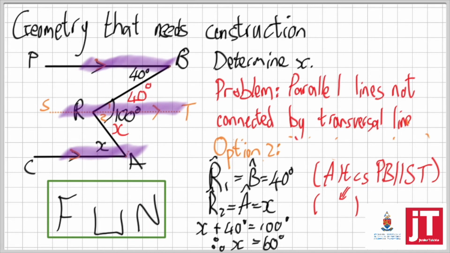Please understand that this is your last option. This is the option you use if you've got nothing else to do. But there is one more thing, and I didn't write it in here.